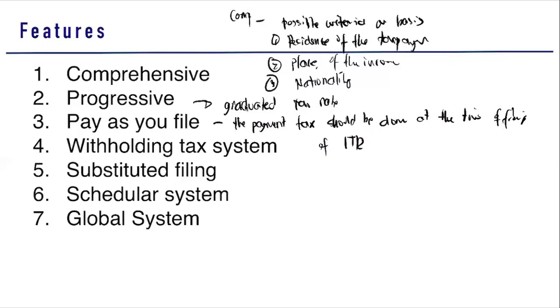But sir, how do we pay the income tax? Should we pay it to the BIR? The income tax now can be paid through the different government accredited banks. When we say government accredited banks, it is not a government bank. So long as it is accredited by the government as a partner of the BIR in collecting taxes, then you can pay. So for example, you can pay at BPI, Security Bank, or Metrobank. Those are government accredited banks. Okay, so that is the pay as you file system.